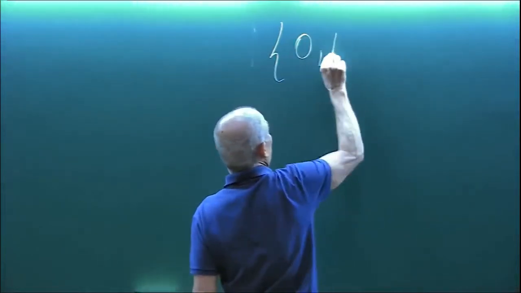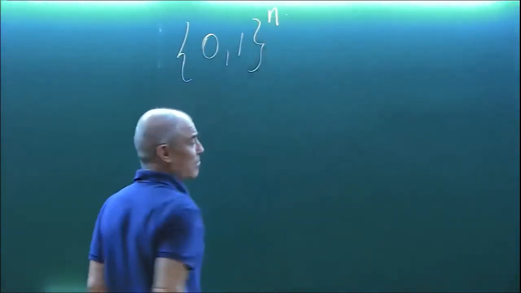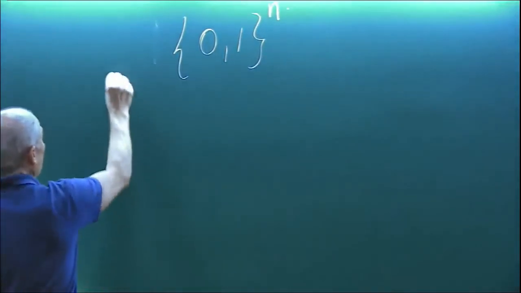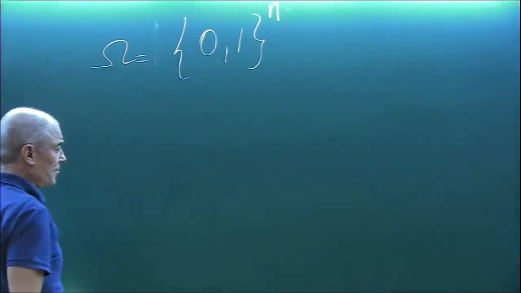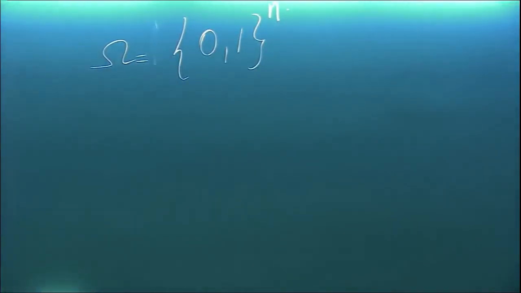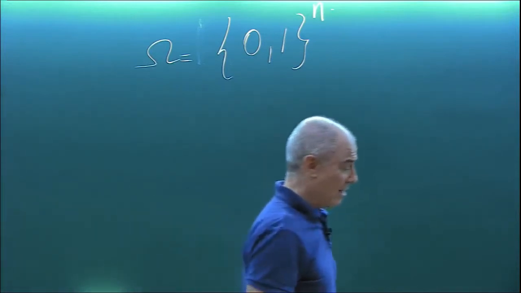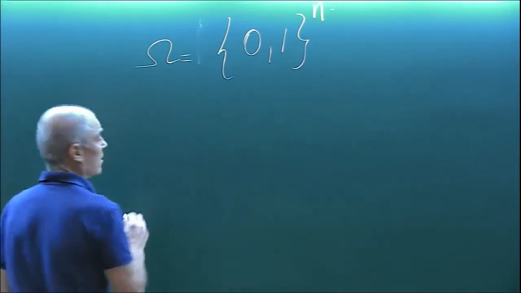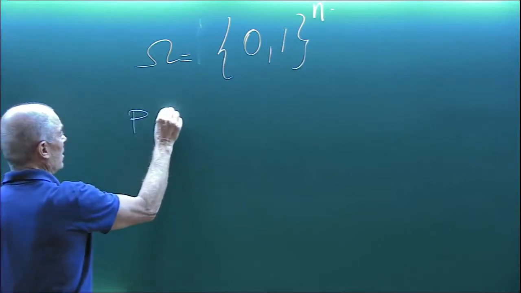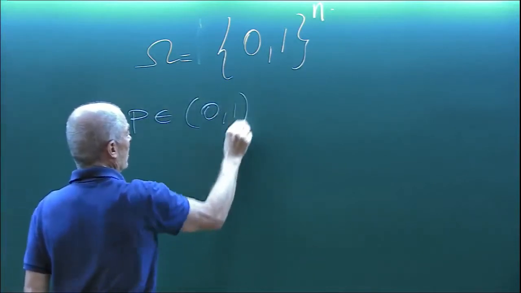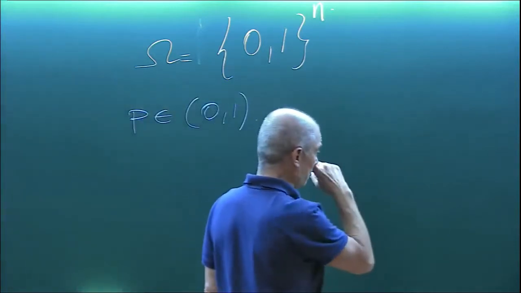So I take the hypercube, and I want to do Glauber dynamics, the super basic discrete time Glauber dynamics on the hypercube, and this is a reversible chain. I fix a parameter p between 0 and 1.